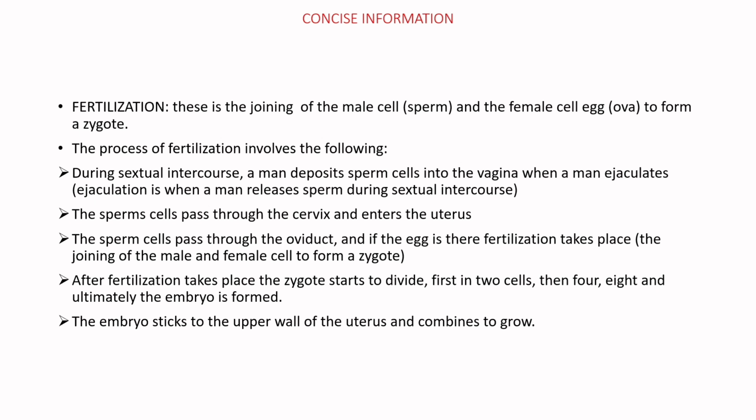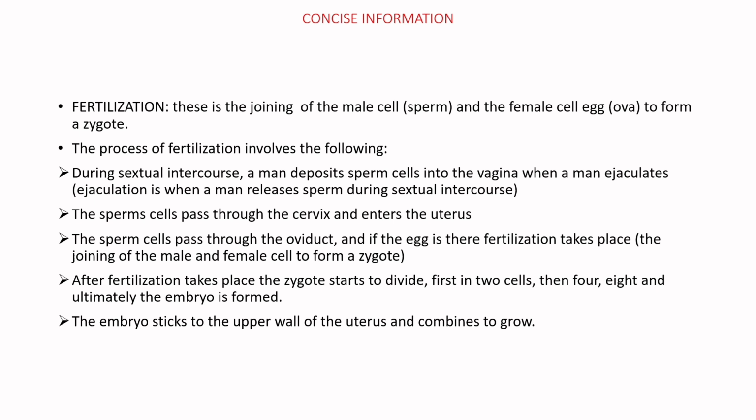The sperm cell will pass through the oviduct, and if the egg is there, then fertilization will take place. So this point is saying that when a man ejaculates, the sperm will pass through the cervix and enter the uterus. From the uterus, the sperm will swim through the oviduct, which is also called the fallopian tube.